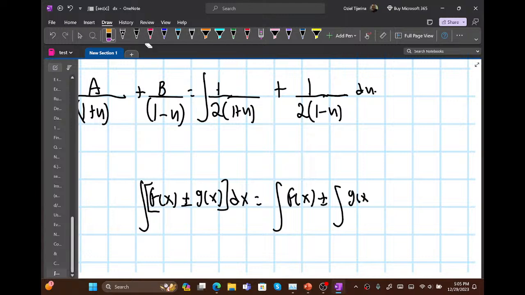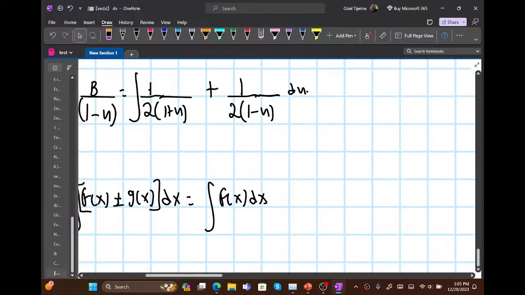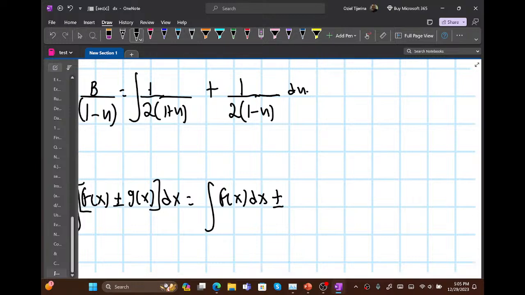If y'all hear background noise, I am so sorry. My brother and sister are so loud. So it's just the addition property, guys. Kind of like when you're doing the derivative of two functions added, it's the derivative of the first function plus the derivative of the second function. Goes the same for integration. I'm just writing this rule down really quick. I know I don't need to.